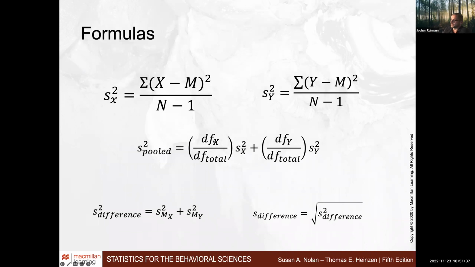So basically what we're doing here, we're calculating a proportion which accounts for our sample population X, and then we calculate a proportion that accounts for sample population Y, in reference to the total degrees of freedom, which is degrees of freedom X plus degrees of freedom Y. So we're putting weight on the respective proportion of how much that particular sample contributes to the total degrees of freedom, and we're putting that weight on the estimate of that variance. By that, we're creating a pooled variance.